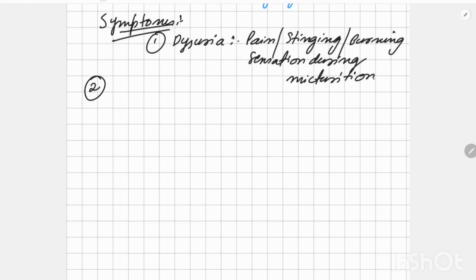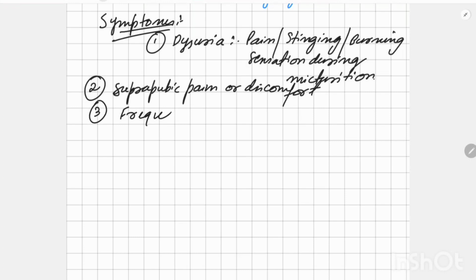The second symptom is suprapubic pain or discomfort. The third symptom is frequency. The next symptom is urgency.